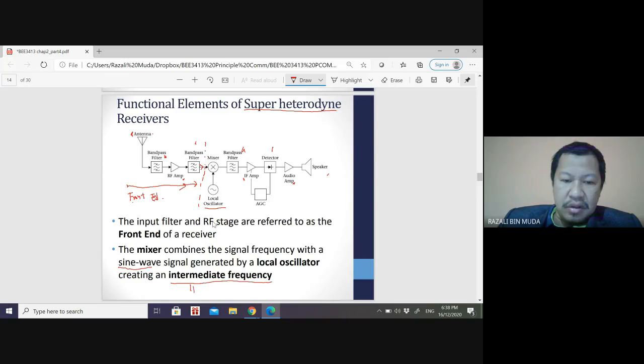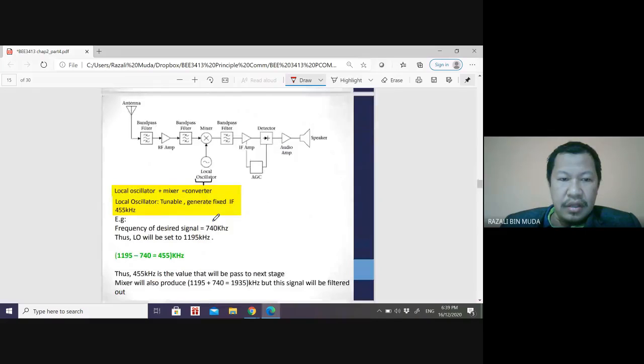This is called the intermediate frequency. The local oscillator plus mixer is called the converter.